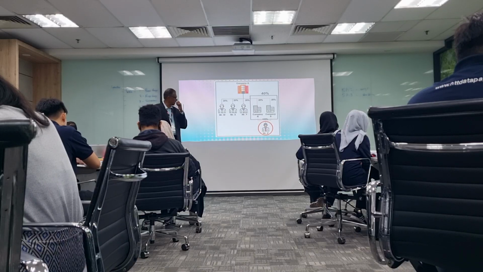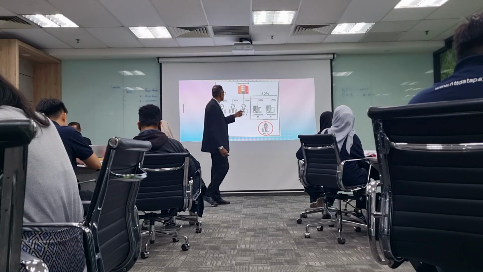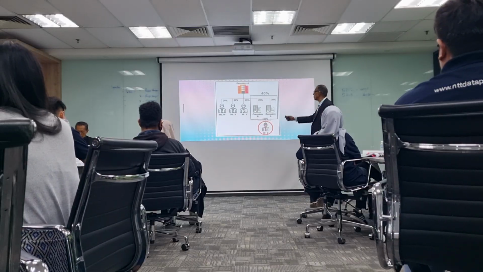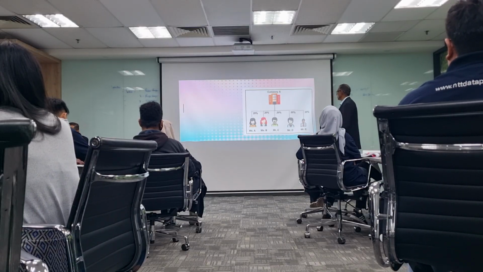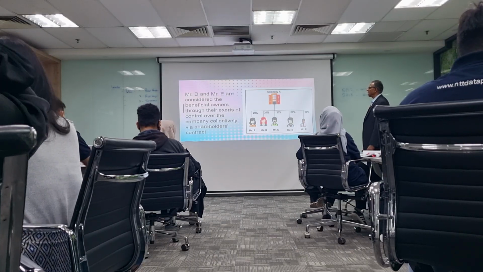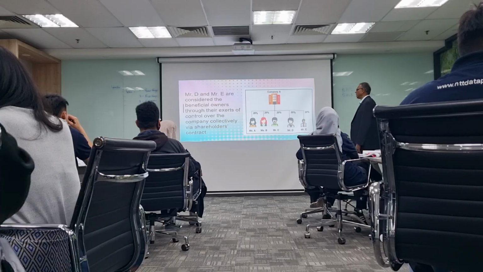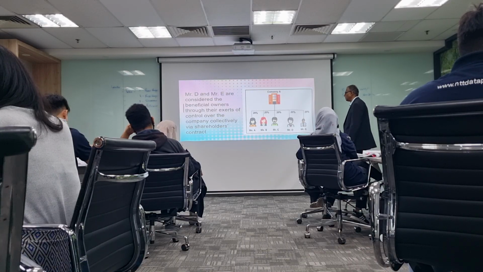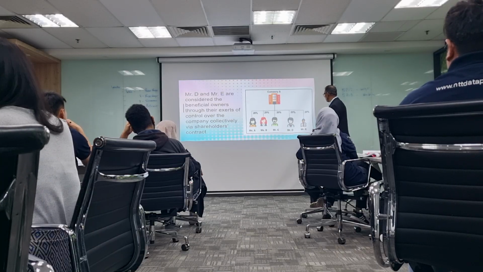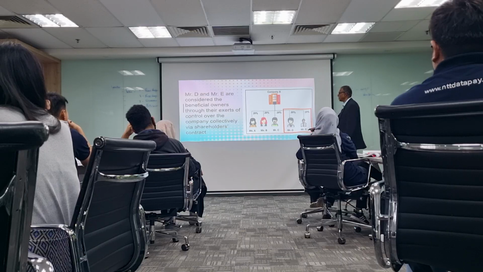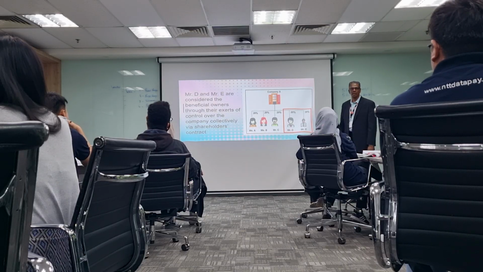Okay, let's look at this case here. Because this now becomes 40%, since this 20% plus 20% is 40%. Mr. D and Mr. E are considered beneficial owners through their exercise of control over the company collectively by the shareholder contract. So even though these people are all at 20%, these two persons actually have control over the company.